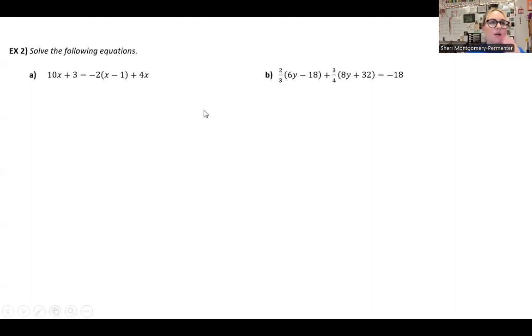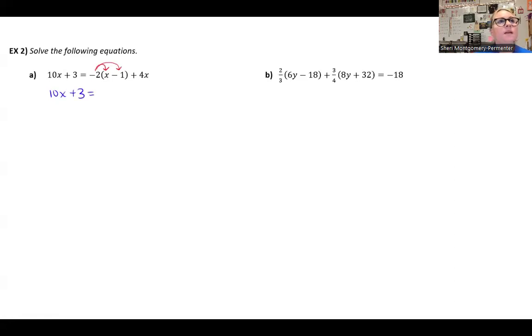You're welcome. All right, the next few problems. Really, before I can do anything, I kind of need to take care of these parentheses. So I'm going to take care of the parentheses first. And to do that, we will distribute. And then we can kind of regroup from there.